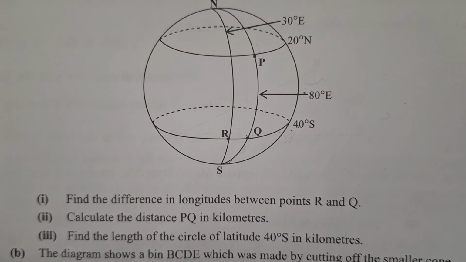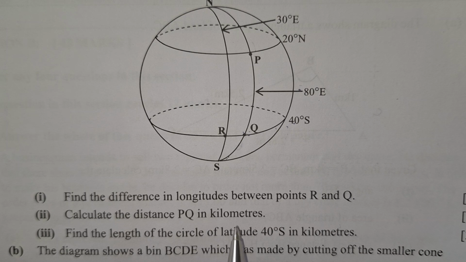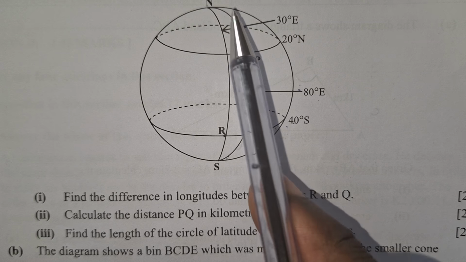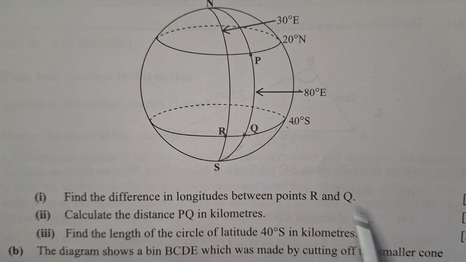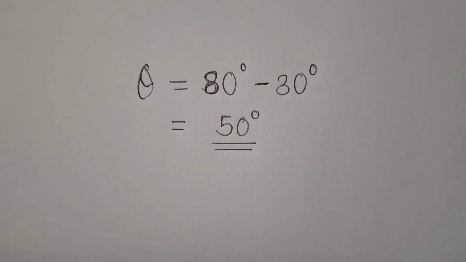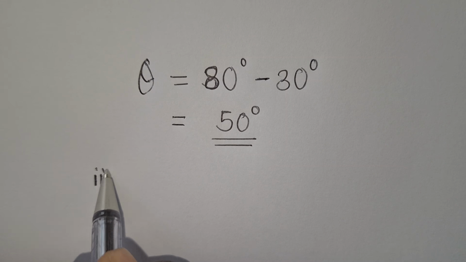Let's go to the next question. The next question, they're saying calculate the distance PQ in kilometers. So P is right here, Q is over here, and this is the longitude. Whenever you've been asked to find distance along the longitude, this is the formula we use. So we say, this is question 2 actually.